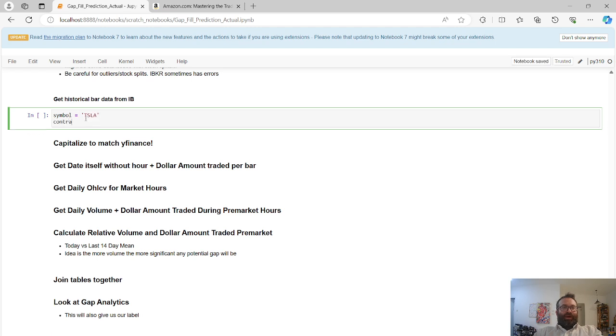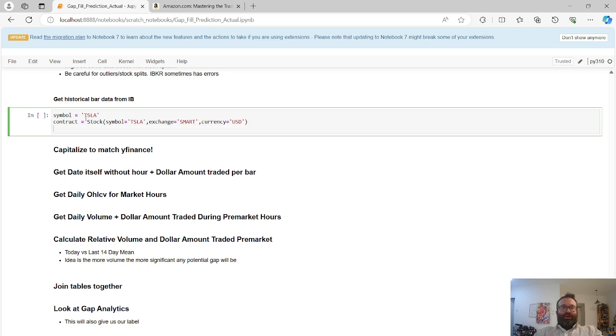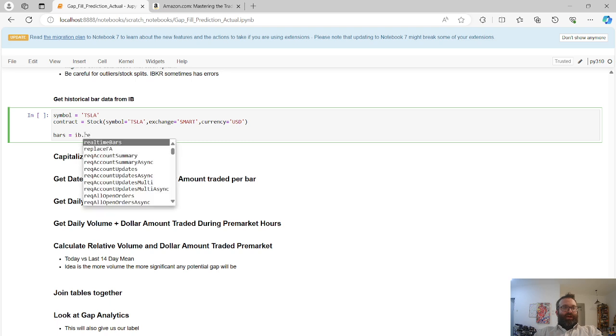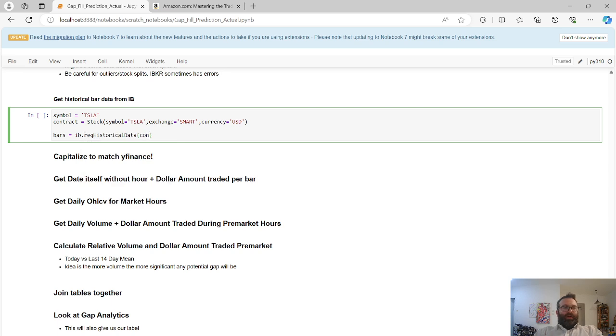Let's do a contract equals stock, symbol equals Tesla, exchange equals smart, currency equals USD. And then let's get the data. We do bars equals ib.reqHistoricalData, contract equals contract.